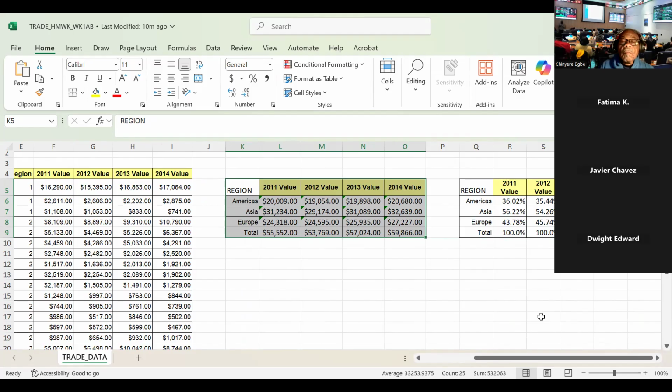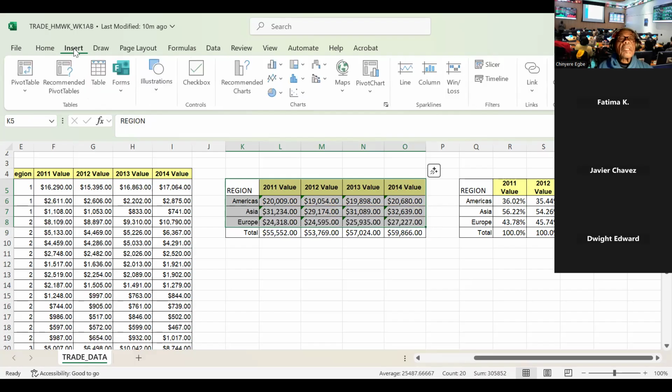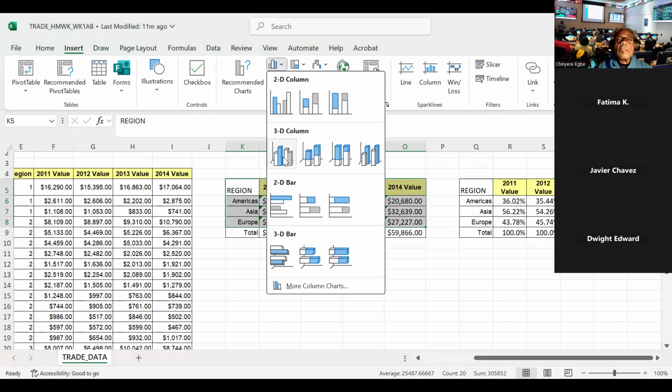Okay. So now all you have to do is to paint, excluding the totals, because the totals will distort everything. Insert. You have here, you choose what kind of a chart.